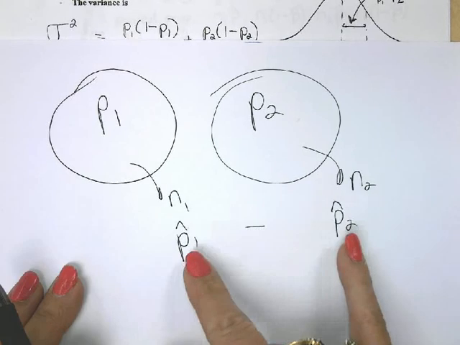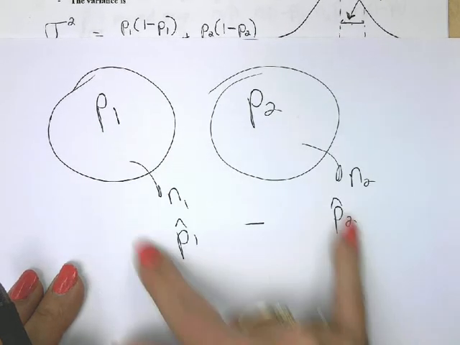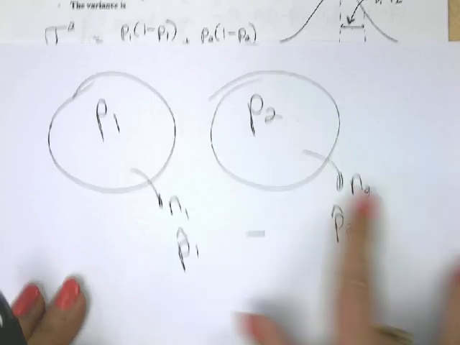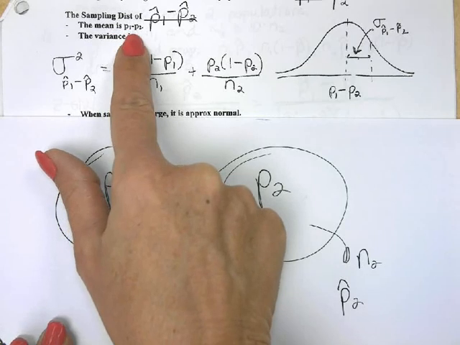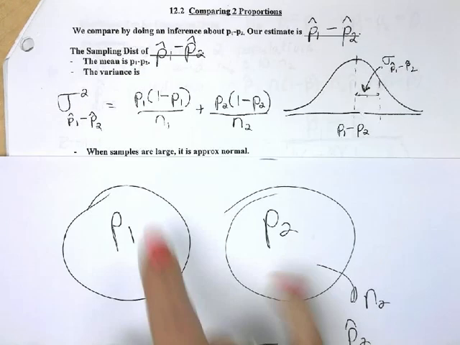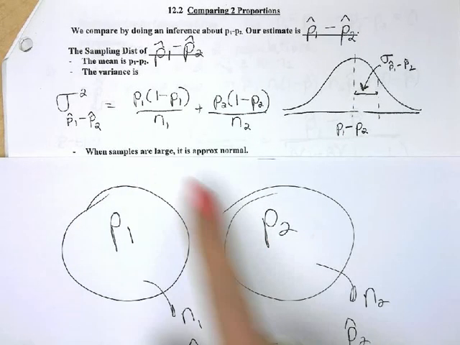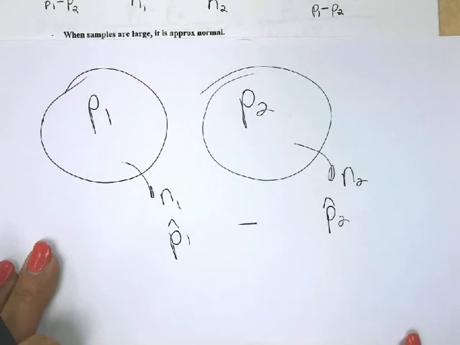If I subtract these pairs over and over and over again, continuing to take samples of the same size, then these differences will center at what the actual difference is between our parameters, and the sampling distribution for these differences will not always have the same value here. There will be a standard deviation associated with these.